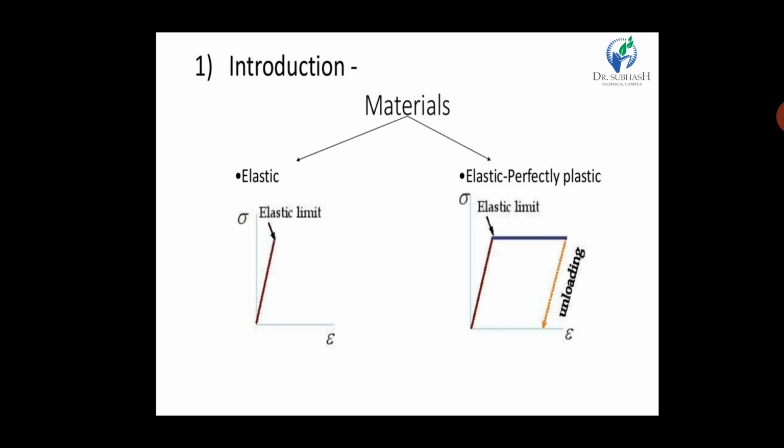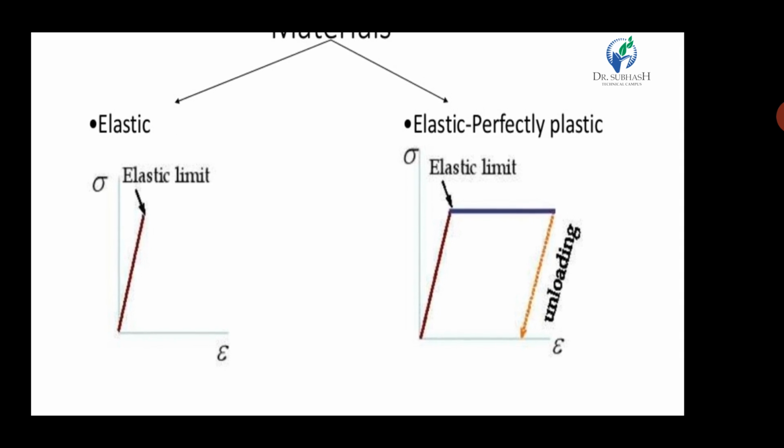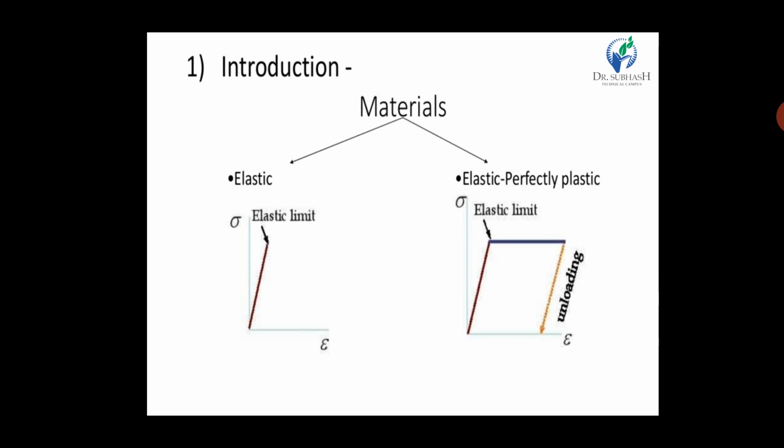So the plastic method gives an economical design as compared to the elastic method. That is why, in the new code after the revision of IS 800, the plastic method has been introduced for material safety. You can see the graph of elastic perfectly plastic behavior, with the elastic limit, after which the stress stays constant, and in the unloading condition we use the plastic state.